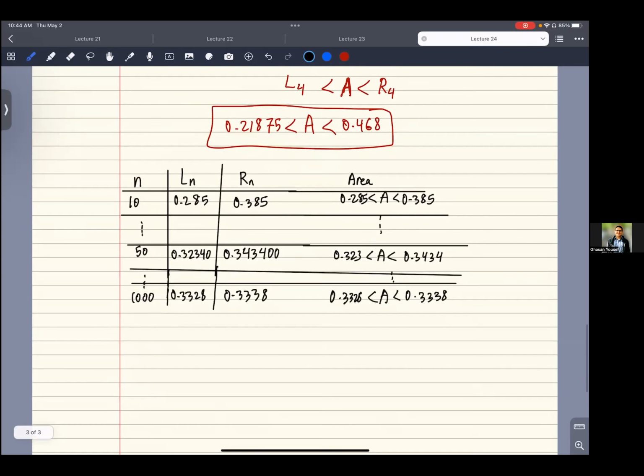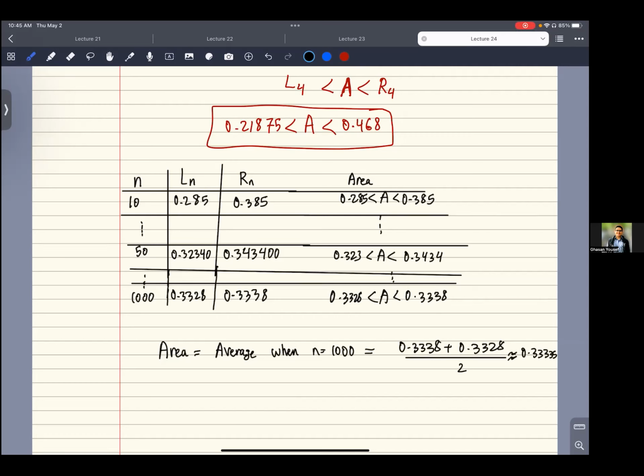Now I can take the average, if I want to find the exact area. It is the same as the average of the distance. When n equals 1000, it will be the same as 0.3338 plus 0.3328 divided by 2, which is the same as 0.33335.